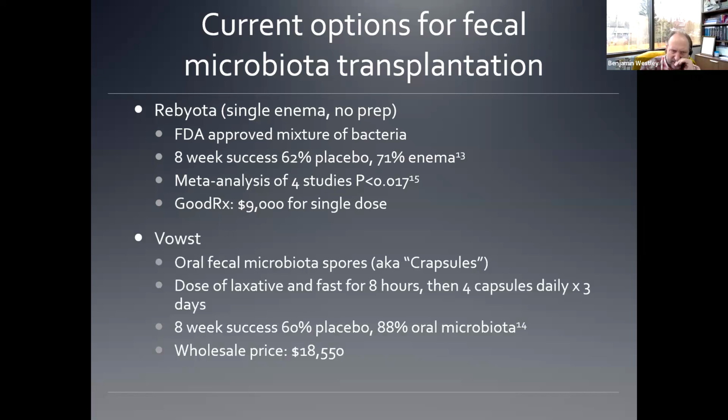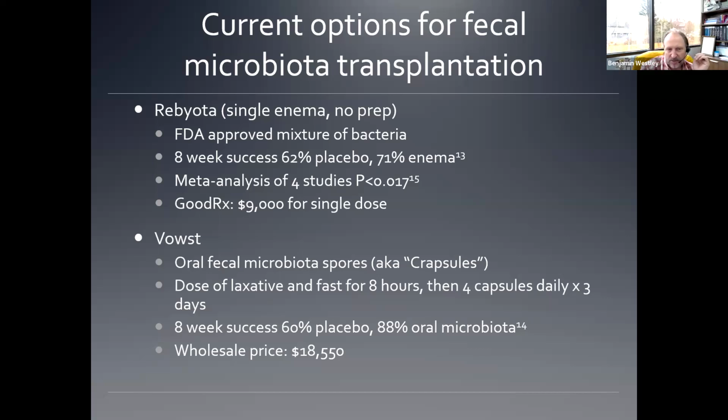The other one that is FDA available is called Vowst. We are colloquially referring to this as crapsules because it comes in a capsule formulation and it's poop in there. The way you do that one is you have to give a laxative and a fast for 8 hours, and then you take 4 capsules daily for 3 days. I believe they're breath mint flavored, these ones.